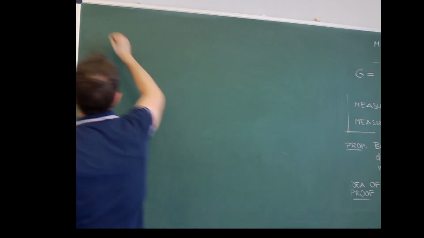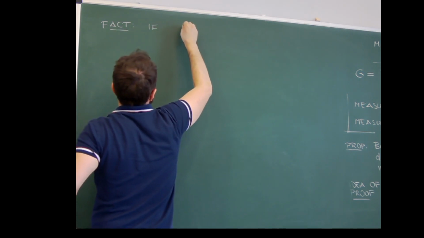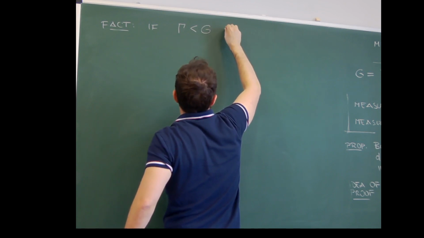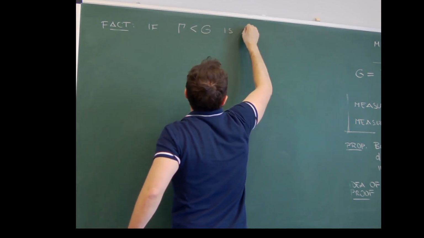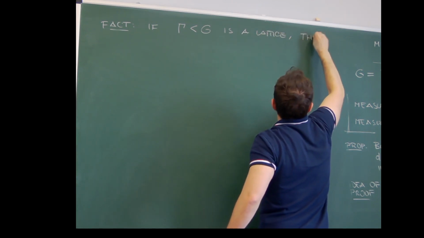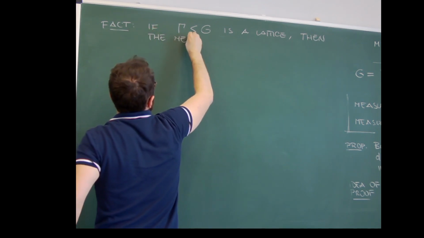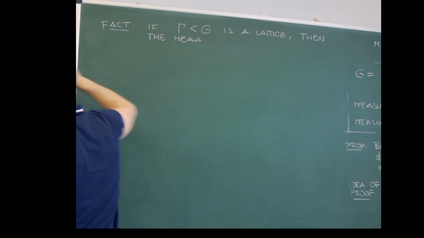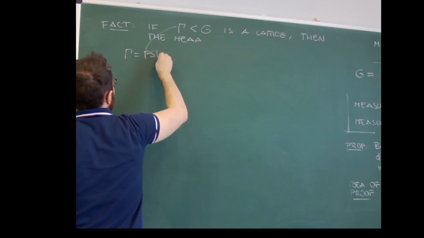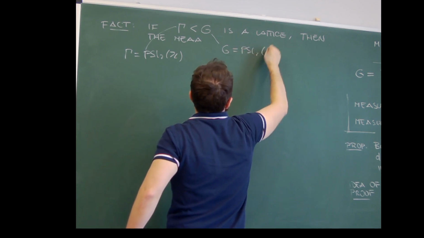Fact: if gamma is a discrete subgroup of G and is a lattice, then the measure, so again, I don't want to go too deep into the theory, but for us, gamma is PSL2Z and G is PSL2R.